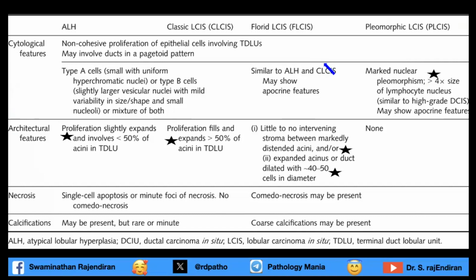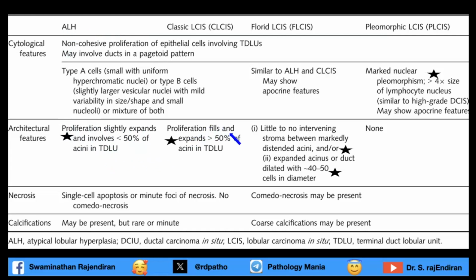So what are all the terminologies we use in lobular proliferation? ALH, atypical lobular hyperplasia, classic LCIS, florid LCIS, and pleomorphic LCIS. These are all the 4 major members of the LCIS. Whenever there is proliferation involving less than 50% of the terminal ductolobular unit, it is ALH.